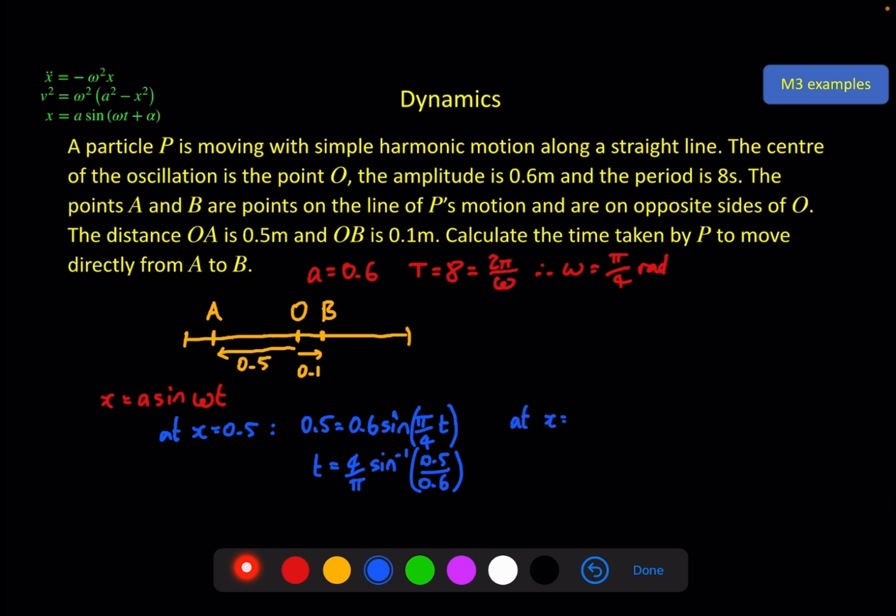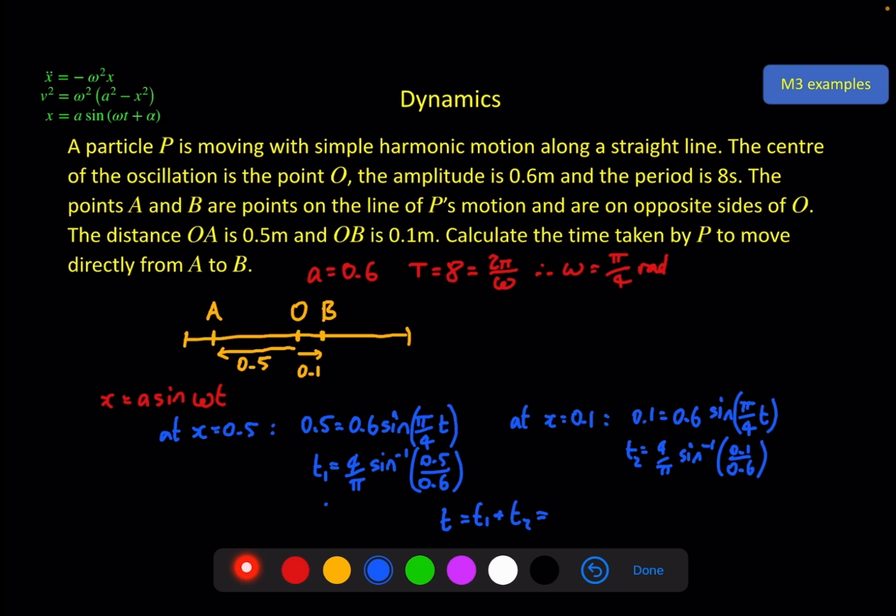At x is equal to 0.1, very similar, 0.1 is equal to 0.6 sine of pi by 4 t, so t is equal to 4 over pi inverse sine of 0.1 over 0.6, and then let's call this t1 and t2, and then the total time is equal to t1 plus t2.